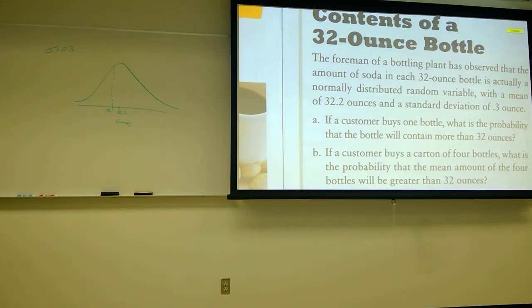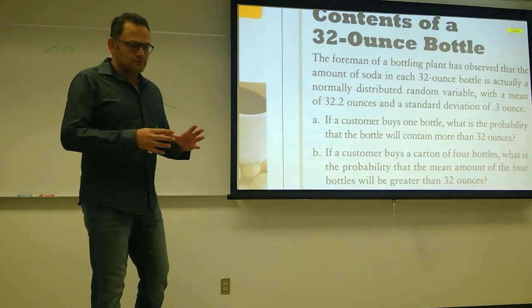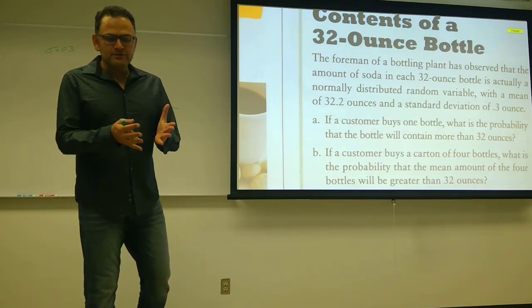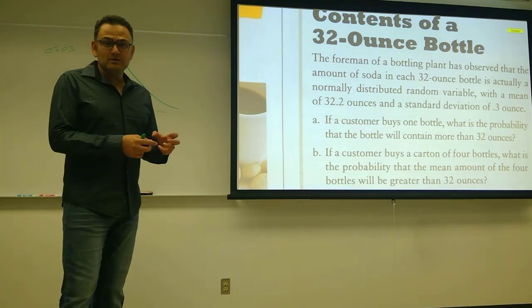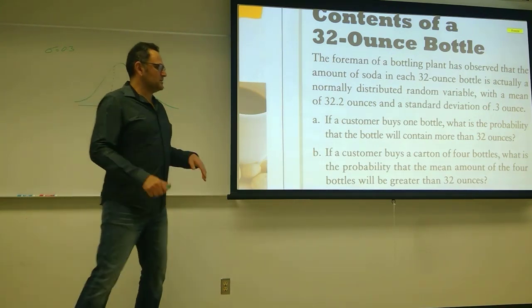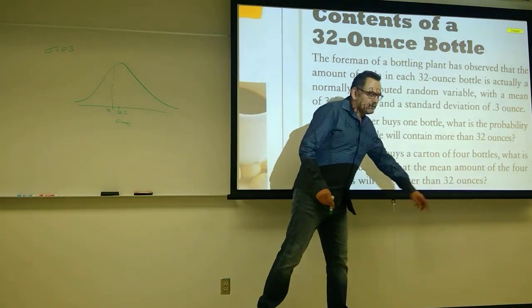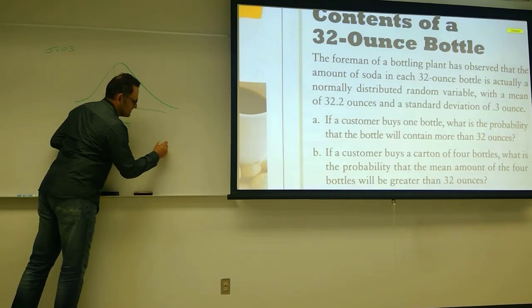Anyway, okay, so let me correct myself in part B. What we're looking for is, we buy a 4-pack, and we want to know what is the chance that the average quantity of the 4 bottles that I bought is at least 32 ounces. That in those 4 bottles together, there is equal or more than 4 times 32 ounces. Right?